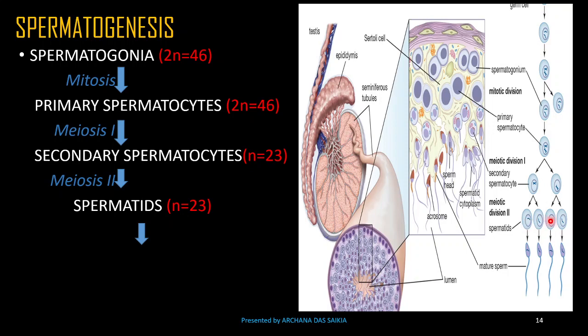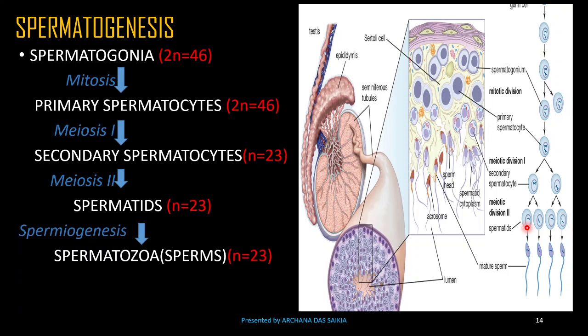Each of these spermatids will now mature and modify its structure to form the sperms, or spermatozoa. These are the male gametes. The process of development of spermatids into spermatozoa is known as spermiogenesis.